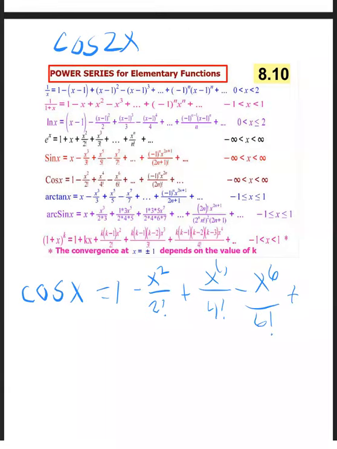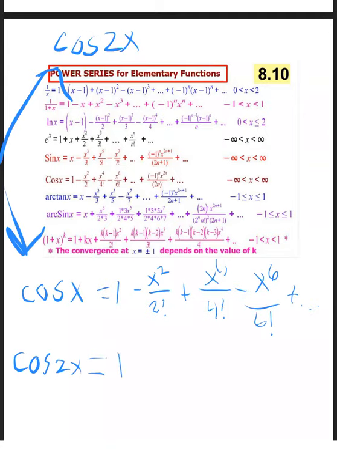What's the difference between these two, Julia? The 2. All right. So how do we get from here to here? Well, all we have to do is plug in a 2x whenever you see an x here, because all we're doing is changing it to 2x. Does that make sense? Yeah.